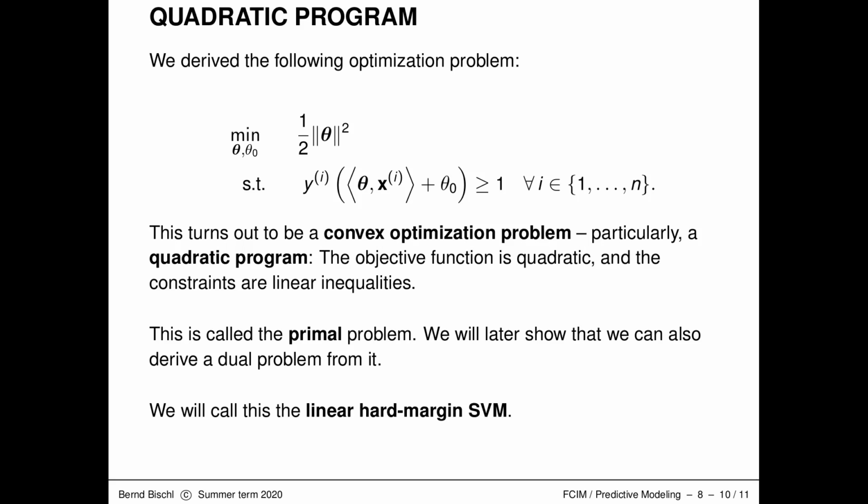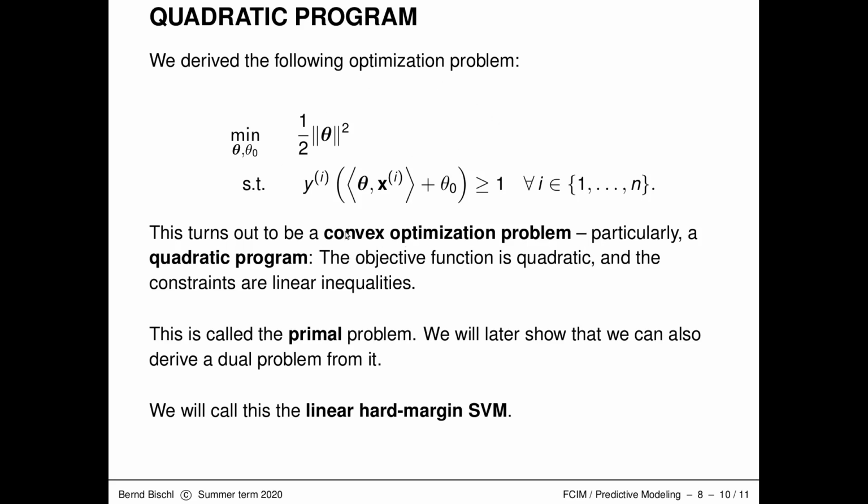And exactly this formulation I will now call the linear hard margin SVM. It's called linear because I'm constructing a linear classifier. As you will see later, we can also kernelize the support vector machine, and that gives rise to a whole class of nonlinear classifiers and also potentially nonlinear regression mechanisms. And it's called hard margin because for now we are assuming linear separability.